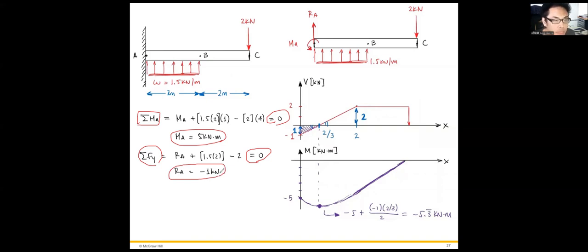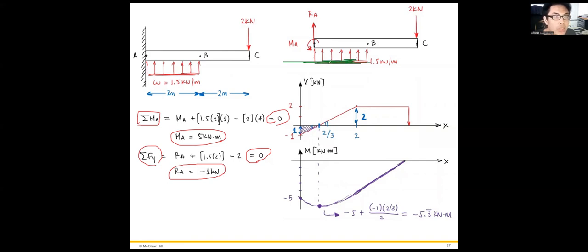And then we can roughly draw the shear and bending moment diagram. So for this distributed load, you can see it's a plateau, right? It's flat.